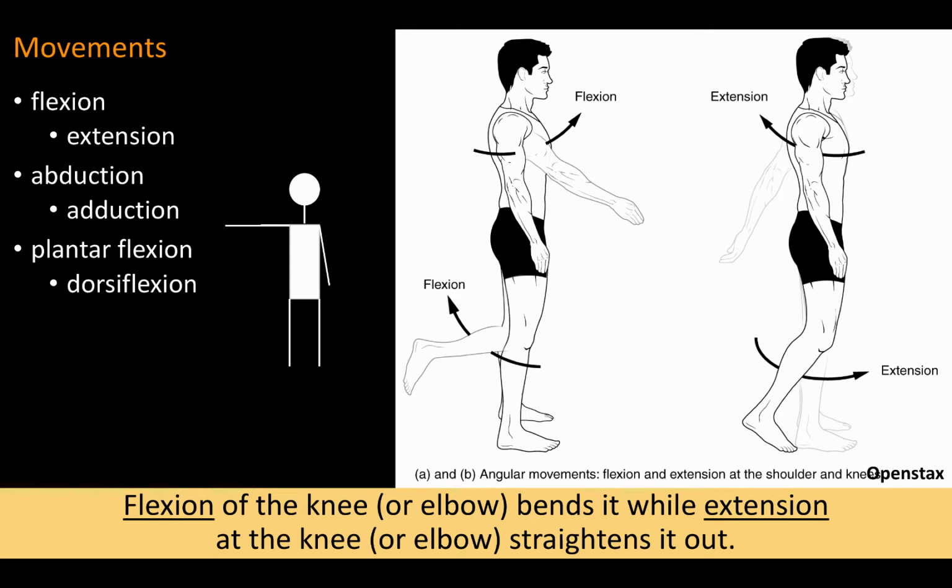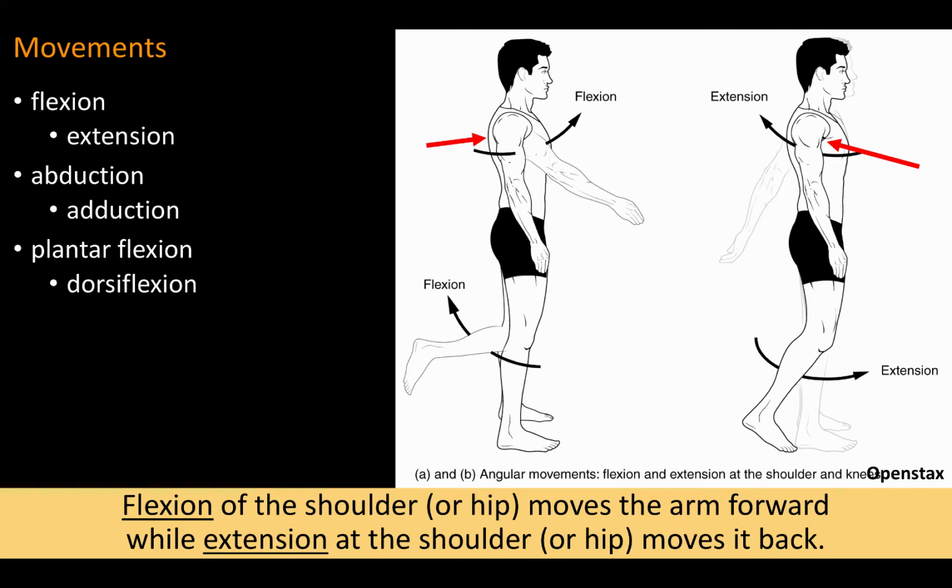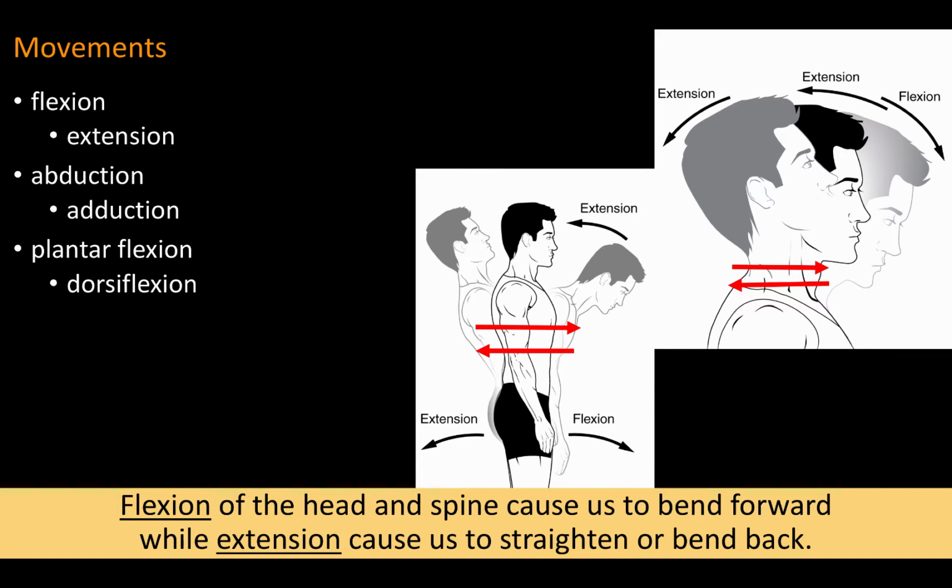Flexion of the knee or elbow bends it, while extension at the knee or elbow straightens it out. Flexion of the shoulder or hip moves the arm forward, while extension at the shoulder or hip moves it back. Flexion of the head and spine cause us to bend forward, while extension cause us to straighten or bend back.